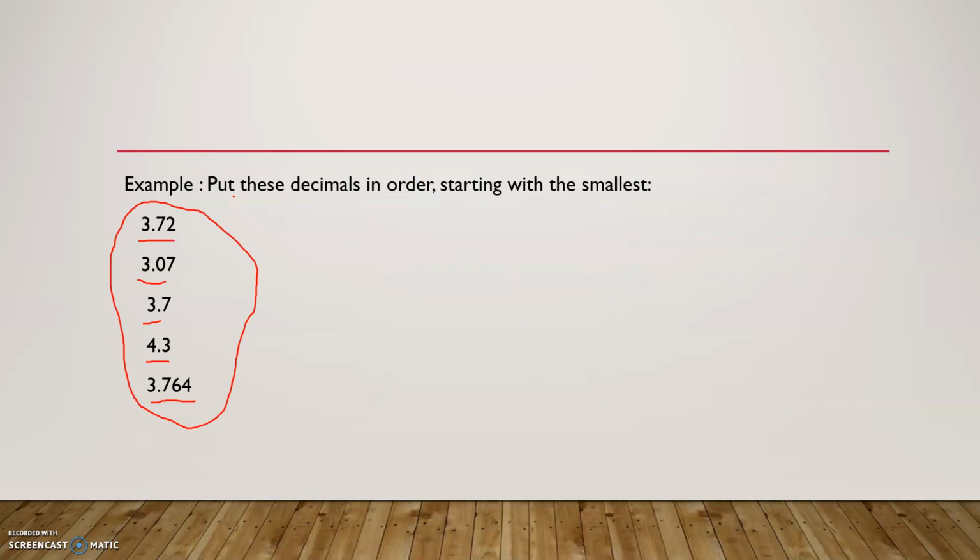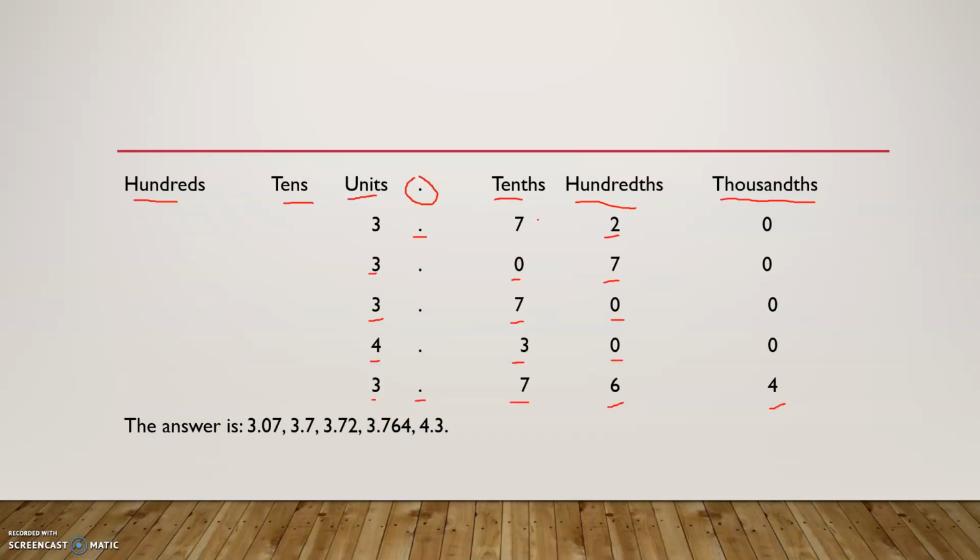Now if you read the question again, it says we need to order the values from the smallest. So what we need to do is look at the units column first. So here we go 4, and then everything else is 3, 3, 3.